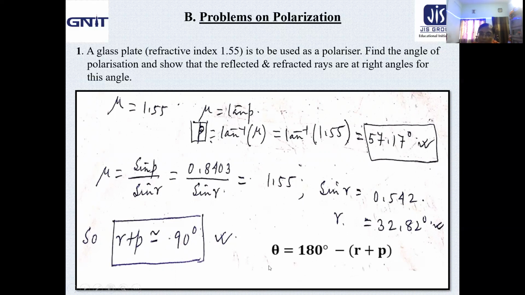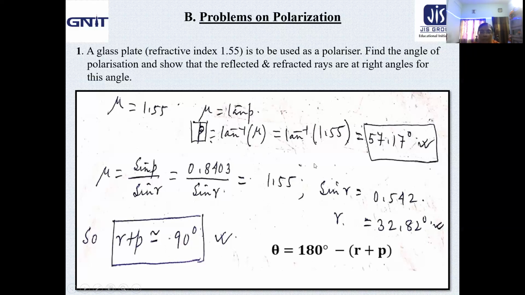We have done in the last class through the diagram that the angle between reflected and refracted rays is equal to 180 degree minus r plus p, which is nothing but 90 degree. So definitely you are showing that reflected and refracted rays are at right angle for this angle. So easy problem, but the second part is a little bit different.